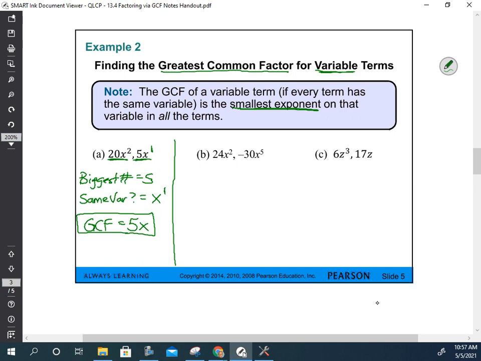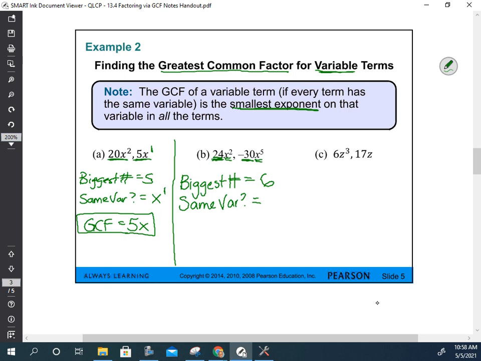Then part B. You have 24, and you have negative 30. So same thing applies. Biggest number we could take out would be what? 6. 24 divided by 6 is 4. 30 divided by 6 is 5. Does everything have the same variable? Yes, it does.